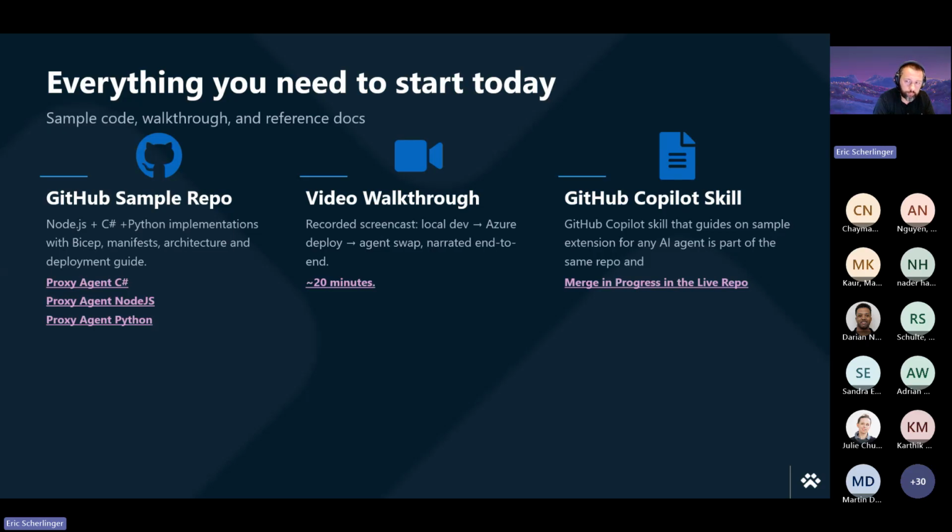We have a video walkthrough that we recorded a few times ago. And we have the Copilot skill, which is at the minute only available in Node.js. It's not yet in the repo on the left side, but in a pull request. So I put the pull request link for the time being. And hopefully very quickly, we'll update the C# and the Python to get the skills there as well.